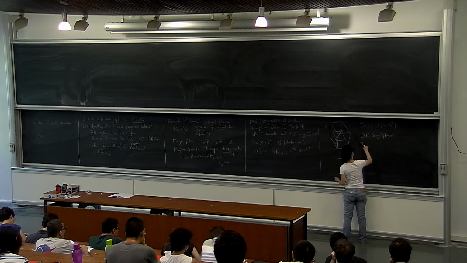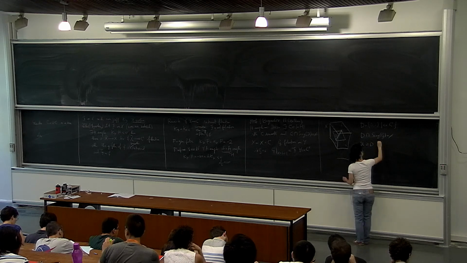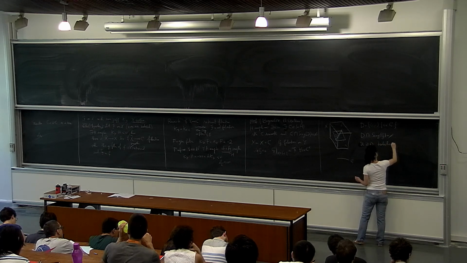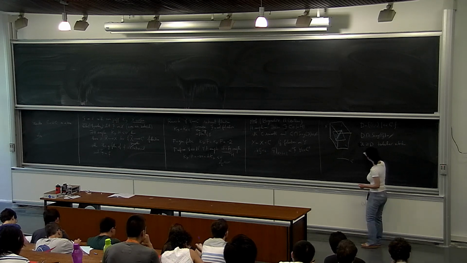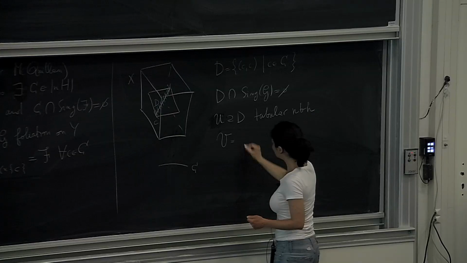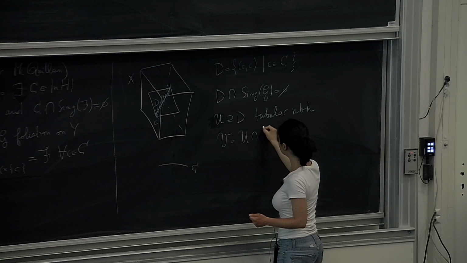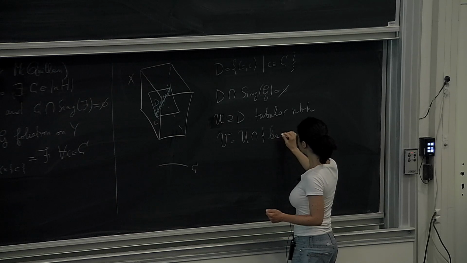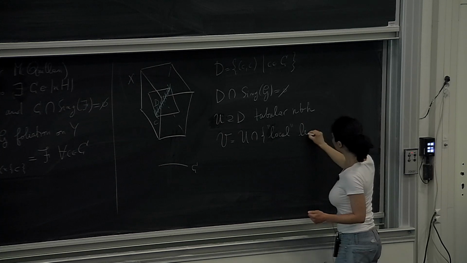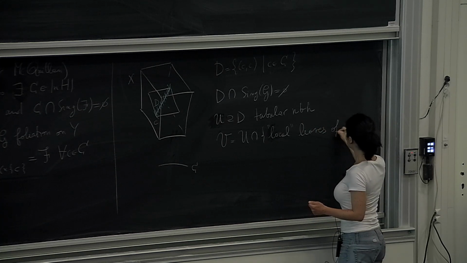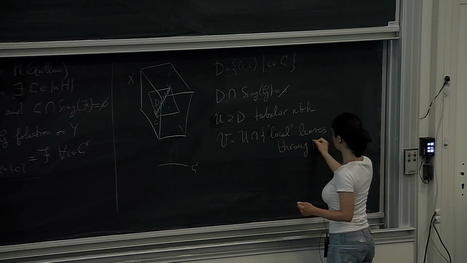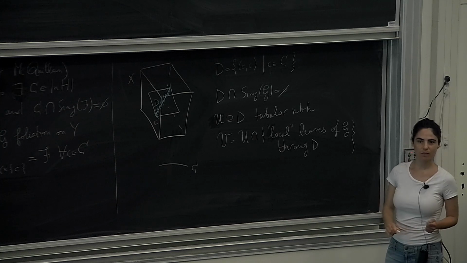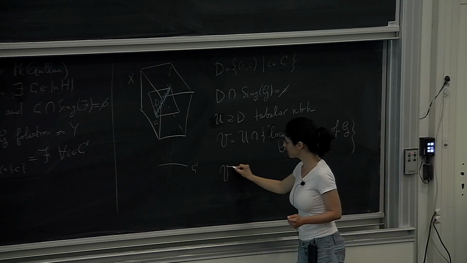Let's say that U is a tubular neighborhood of D in X, and we set V as U intersected with the local leaves of G passing through D. Okay, so V is an analytic surface.